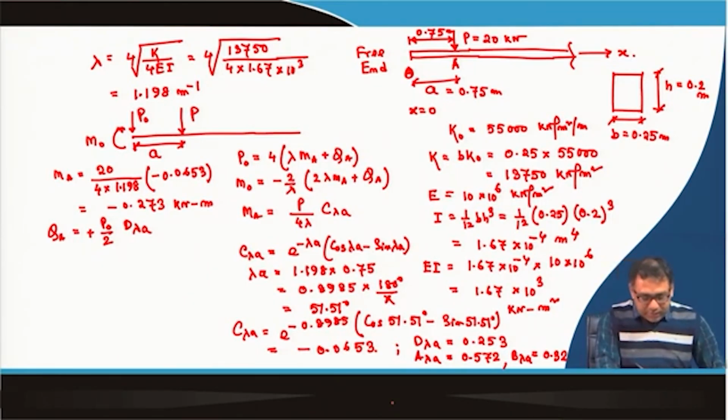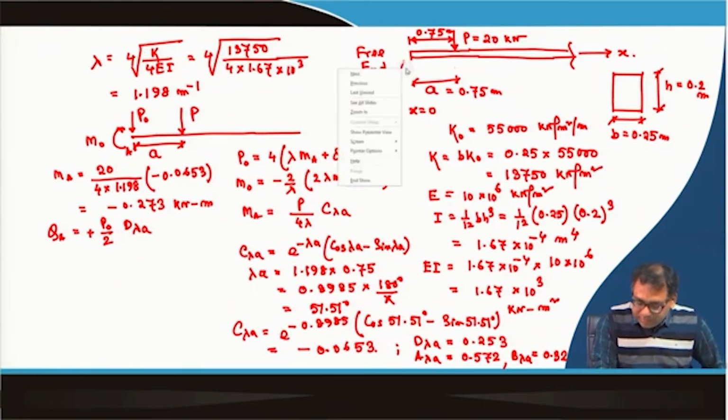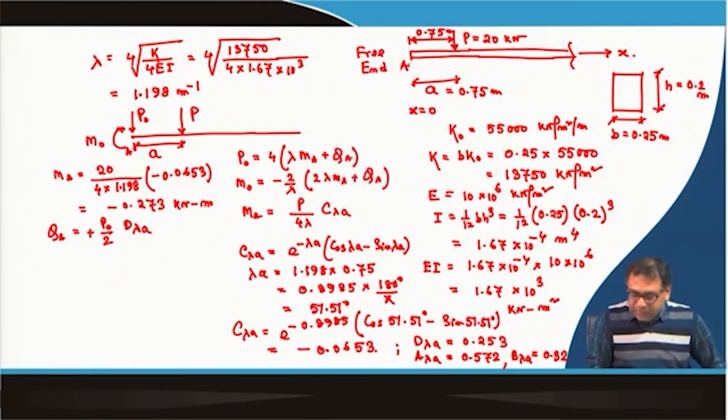So, here you can see that A point is this point, the free end. So, I should write this free end point as A. Okay. So, the free end point is left side to the loading. So, here shear force will be opposite sign and the slope will be opposite sign. So, that is why it is plus P0 by 2 d lambda A.